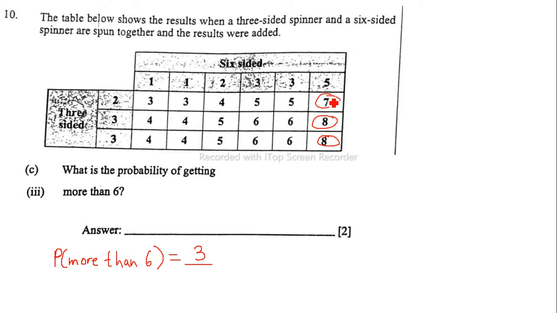So we have to count 8 twice because in getting 18 we had to count 8 twice. Remember? So 3 over 18, which is going to give us what? 1 over 6. Divide top and bottom by 3.